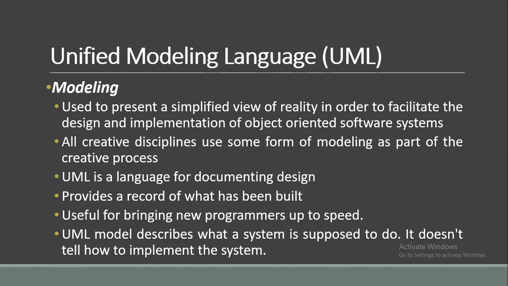Then we have the word modeling. Modeling represents the main activity of UML. UML is used to represent a very simplified view of reality in order to facilitate the design and implementation of the object-oriented software system.